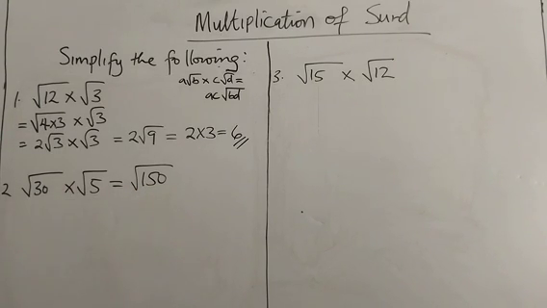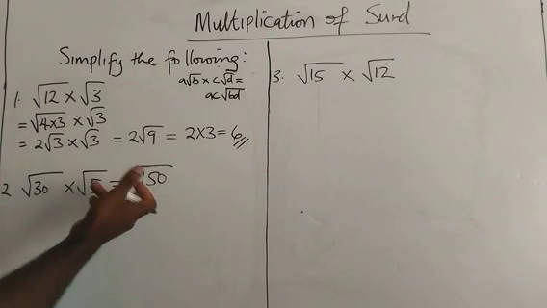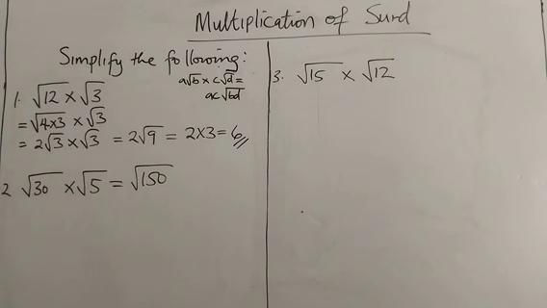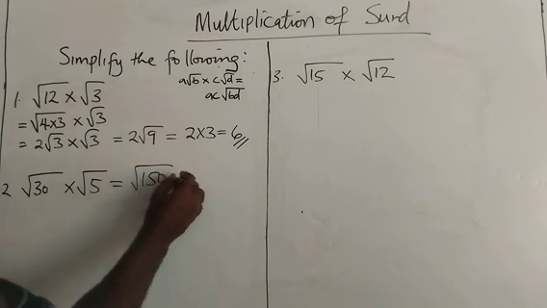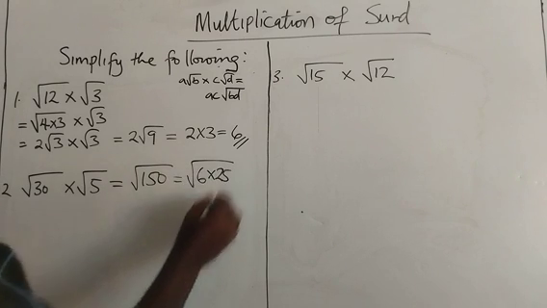Now, we are going to simplify 150. Of course, you need to look for factors of 150. Make sure that in any combination you choose, there should be a perfect square, not only a perfect square, but the highest perfect square possible. Now, for 150, we have 6 times 25.